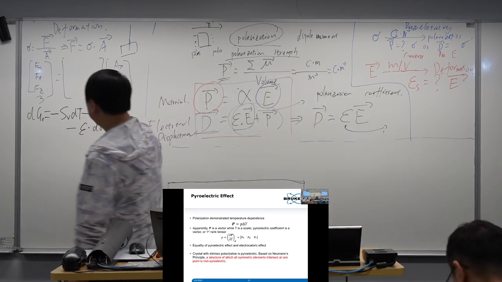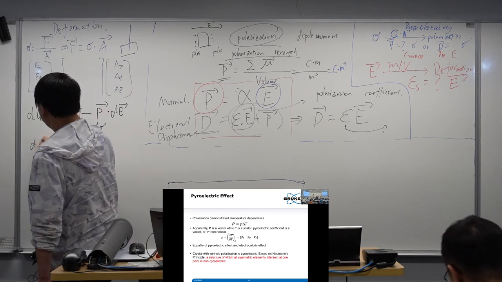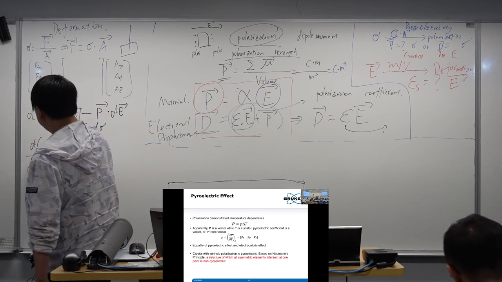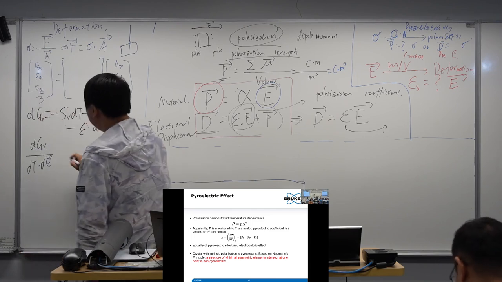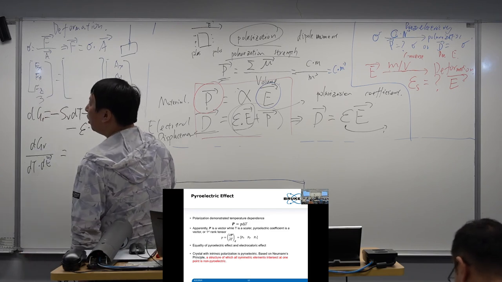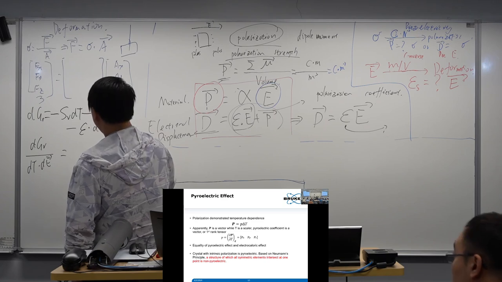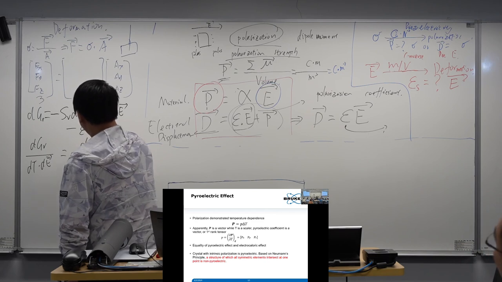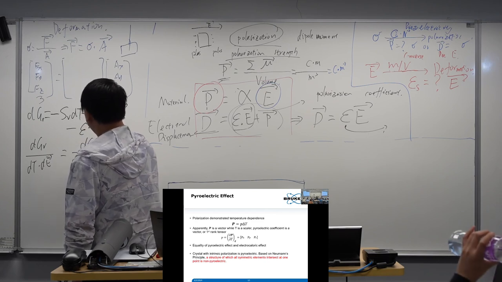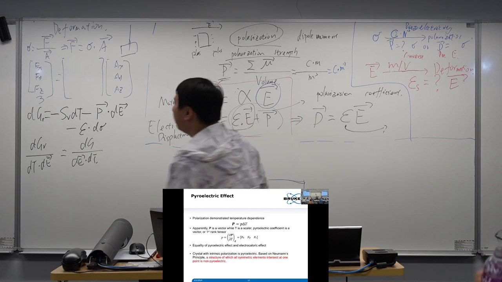And we can do dG over dT, and then dE, which equals dG over dE and then dT.